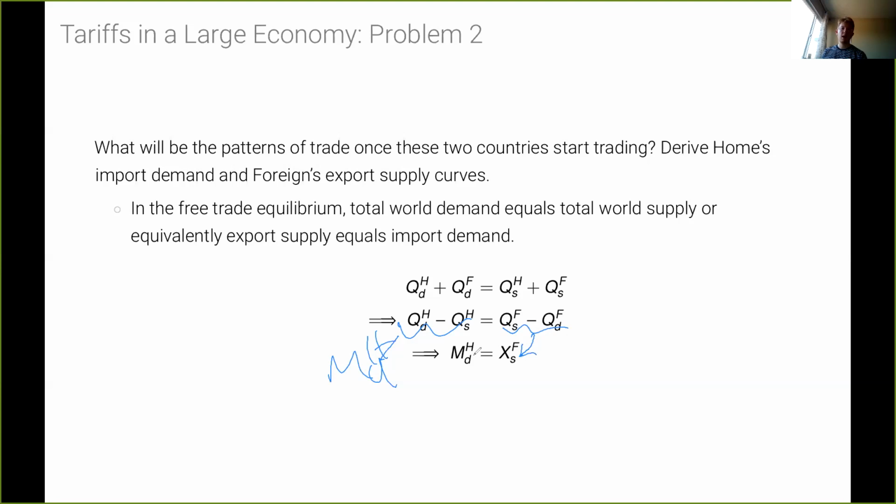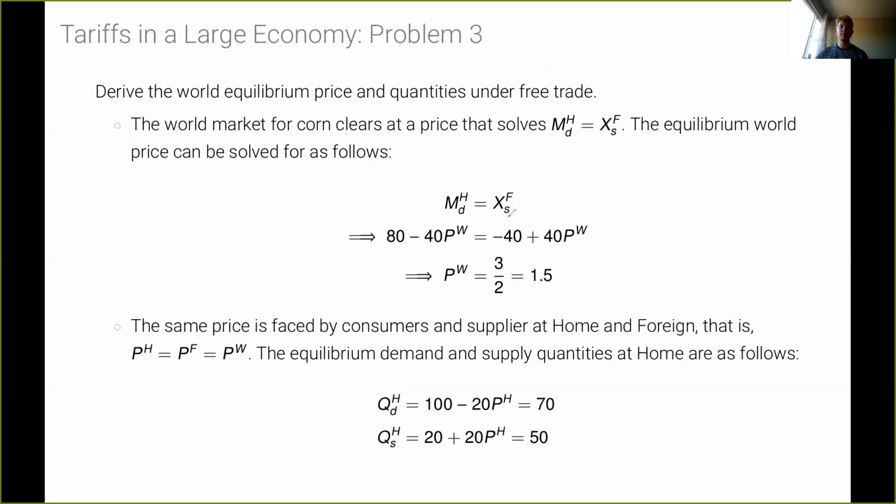Setting these two equal is going to give us our price and then ultimately the quantity of imports. So let's do that. The world market for corn is going to clear at a price that sets import demand from home and export supply of foreign equal.